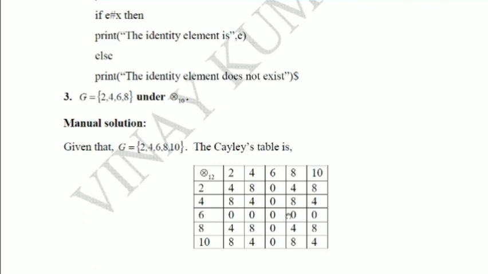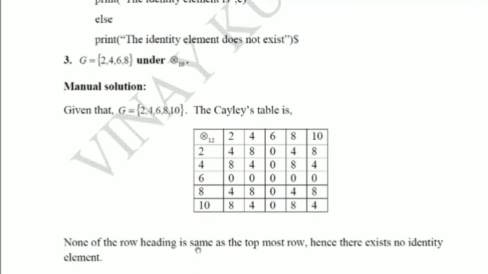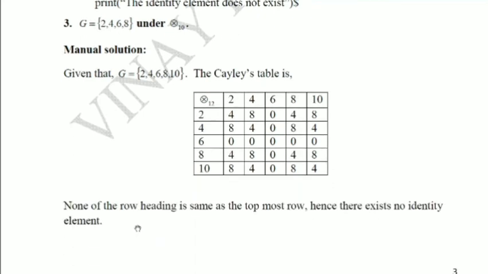But this element is satisfying the condition, A into E is equal to A. But this one also doesn't satisfy that. So when you say some E is the identity element, it has to satisfy for all the elements. Therefore, there exists no identity element.